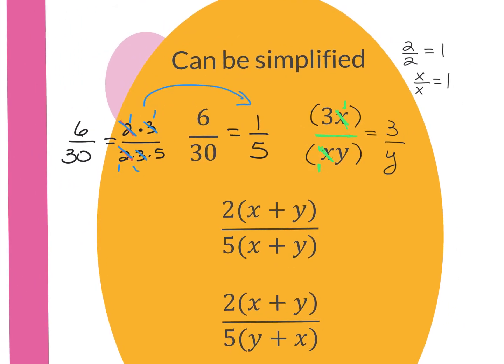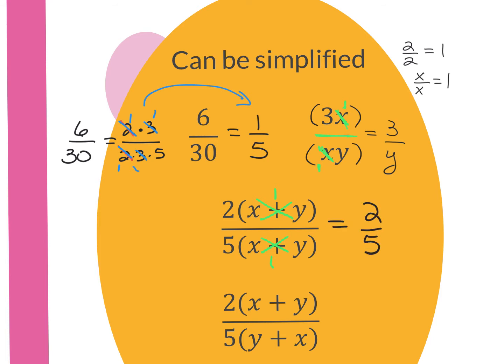Now, in order to get things to cancel, the denominator has to look the same as the numerator. And this is going to be especially important when we have plus and minus signs. So here, notice the top has the x plus y in grouping symbols, and so does the denominator. So because this looks identical, I can simplify, because again, anything divided by itself is 1, and then I'm just left with 2/5.